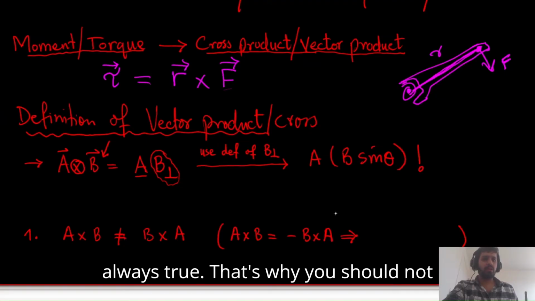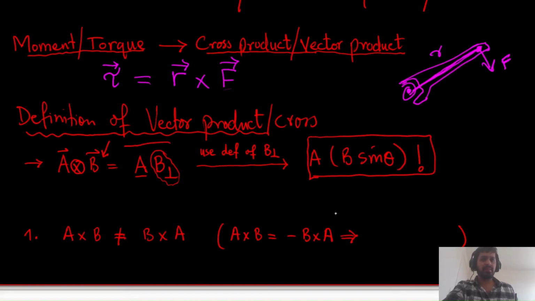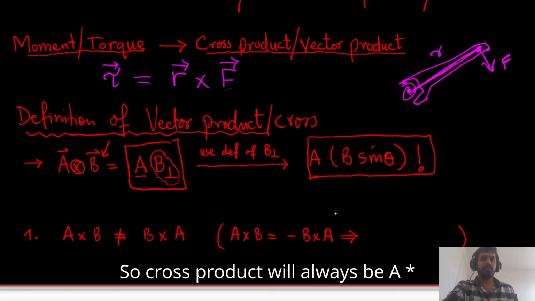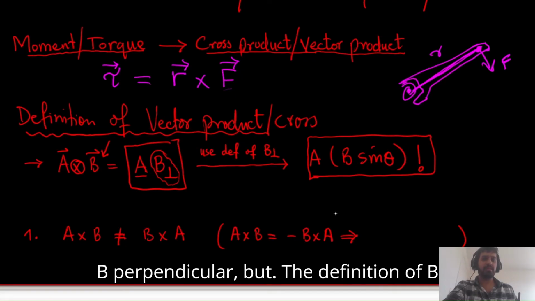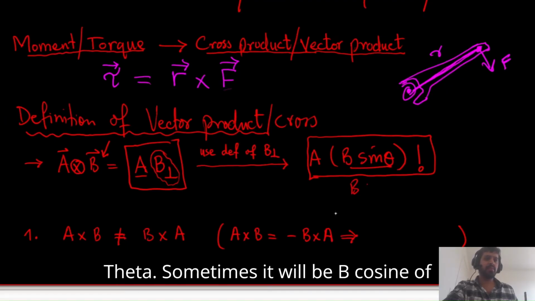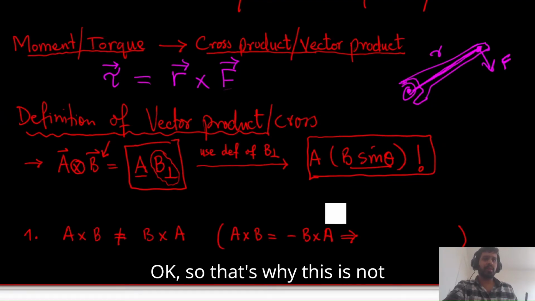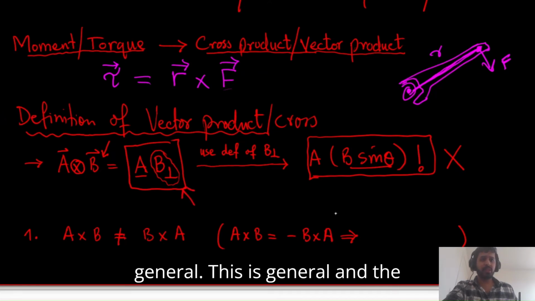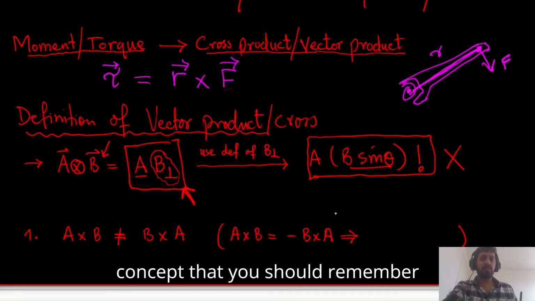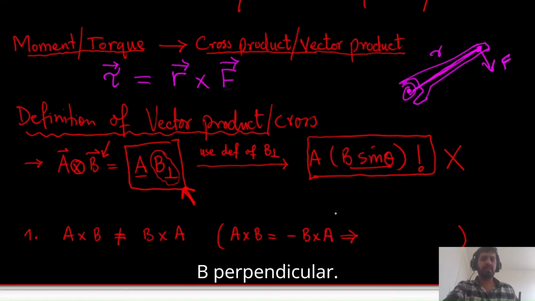That's why you should not remember this thing. What you should remember is this thing. So cross product will always be a times b perpendicular, but the definition of b perpendicular will not always be b sine theta. Sometimes it will be b cosine of theta, depending on the angle that is given. Okay, so that's why this is not general. This is general, and the concept that you should remember. Cross product of AB is always A times B perpendicular.